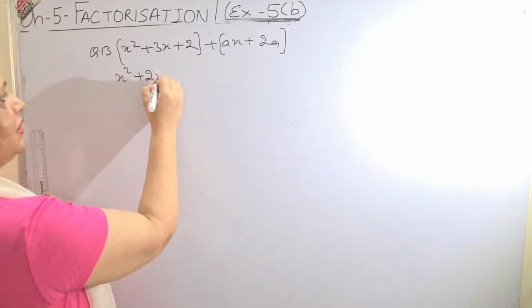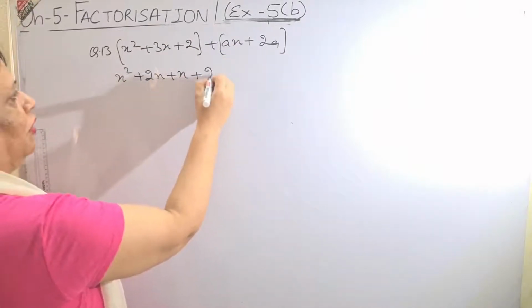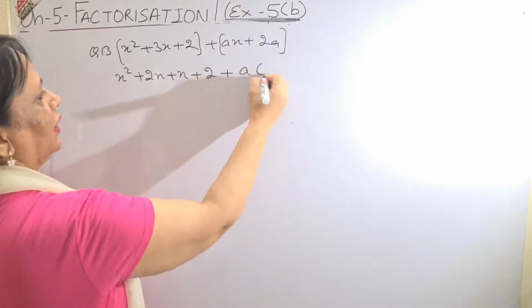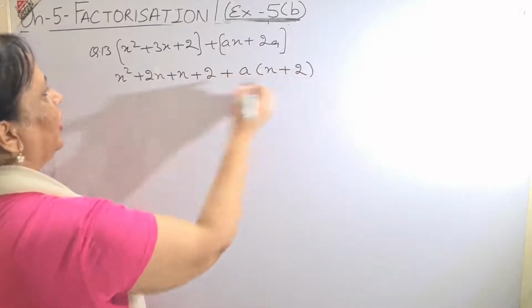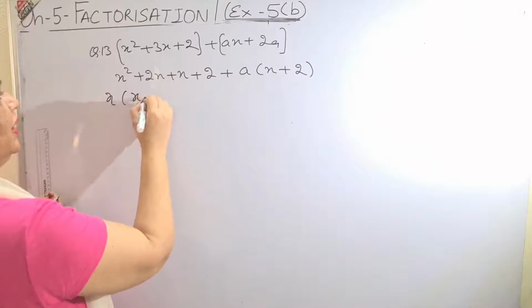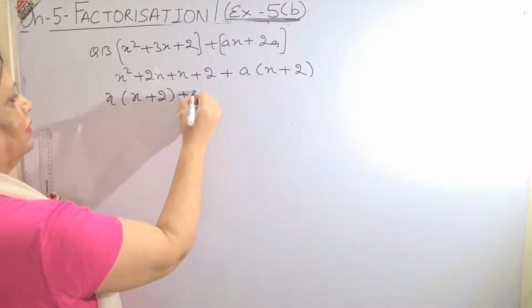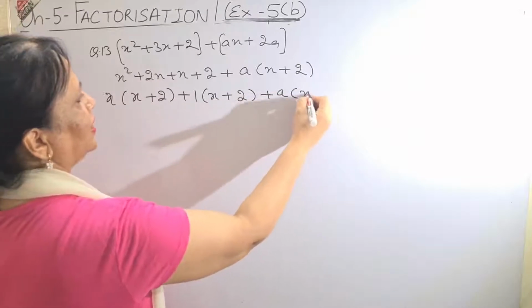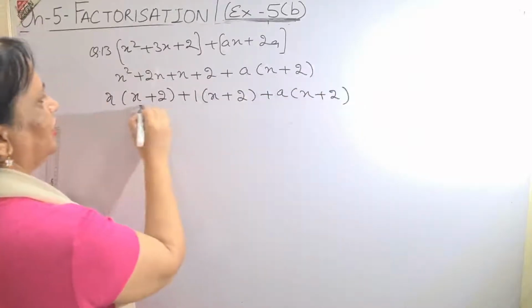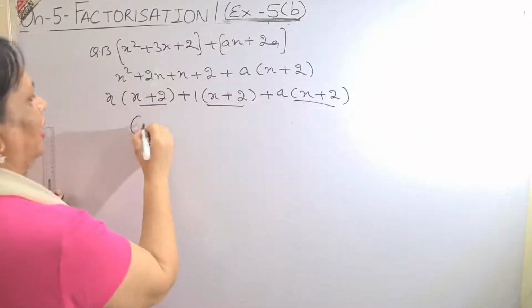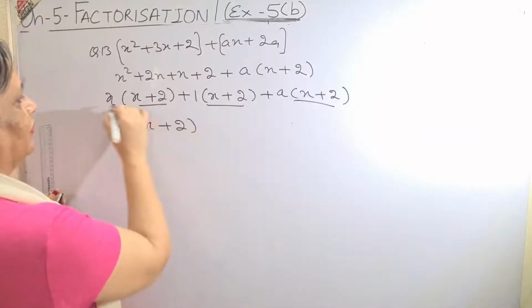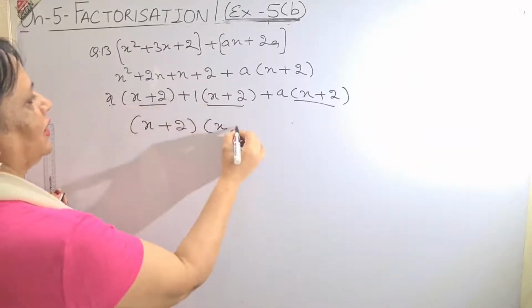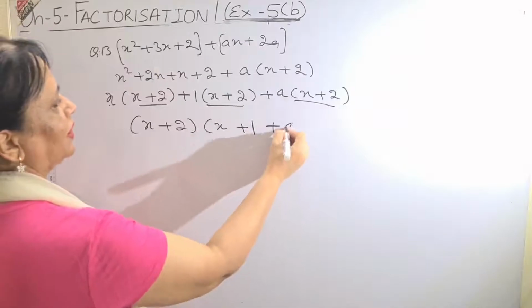So x square plus 2x plus x plus 2. Now I am not writing the sum and product, but you will not do the sum without writing it, otherwise your marks will be cut. I have told you how to do it; I am just giving you the hints of the sum. So you see x plus 2 is the common factor. I took it out, and from the first term x is left, from the second term 1 is left, from the third term a is left.